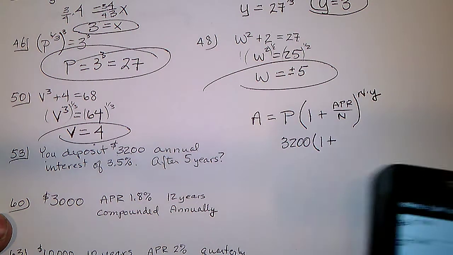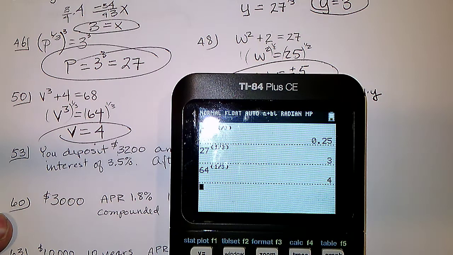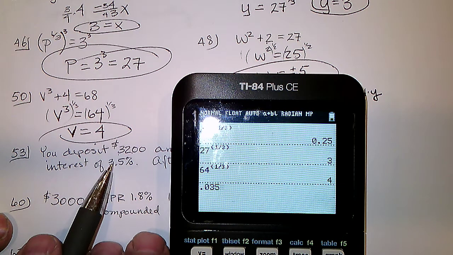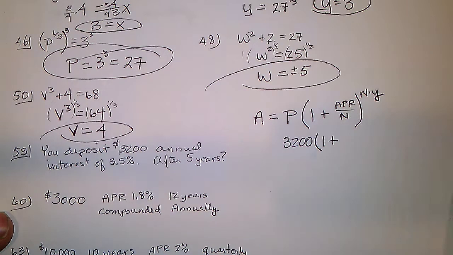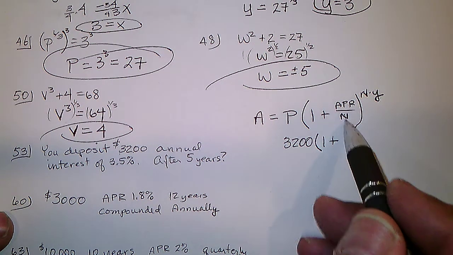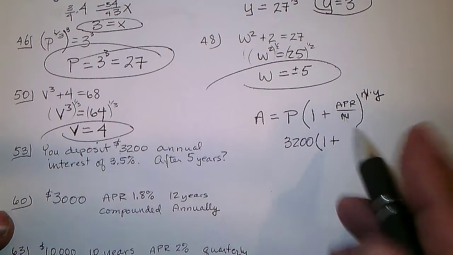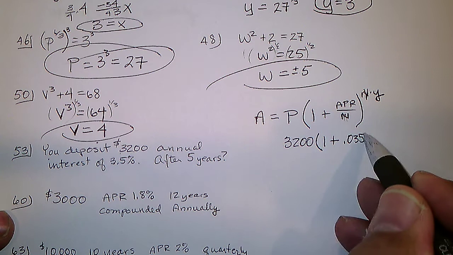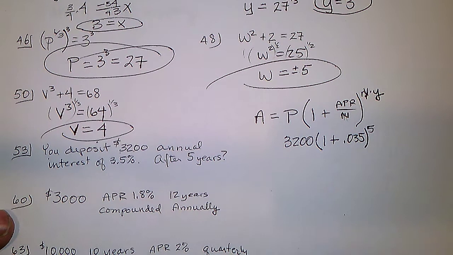Now to do this, I'm just going to work this out. It's going to be 0.035. Do not forget to change your percent to decimal. And then we're doing it annually, so divided by 1. Annually means once a year, so these n's are 1s. So this is going to be 0.035 to the 1 times 5 is 5.